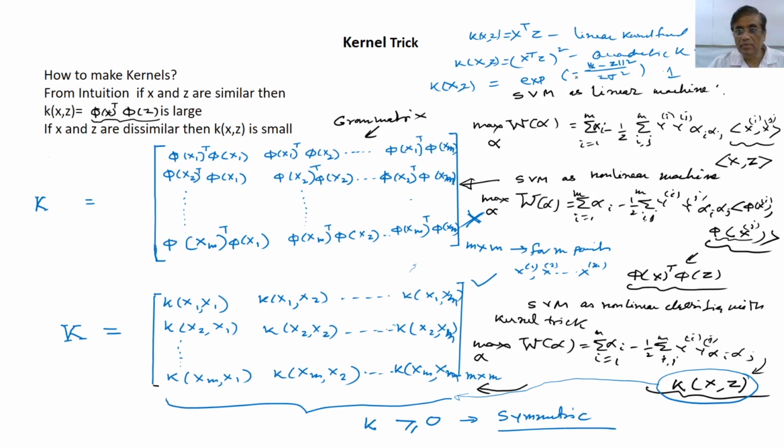E to the power minus a large quantity will tend towards 0. Can it be qualified to be a kernel? Yes, because it lies between 0 and 1, and when similar it is large, when dissimilar it is small. So, all these kernels have a similar characteristic feature. That gives you a hands-on idea of how a kernel can be designed.